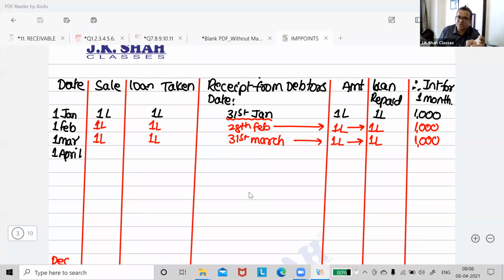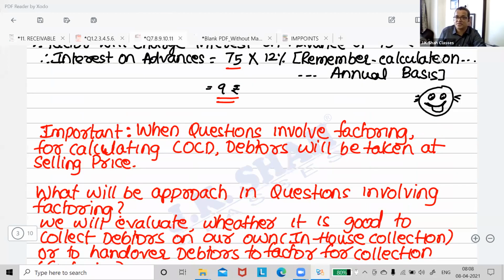Gupta ji, how will your Vikas happen like this? Gupta ji is confused.